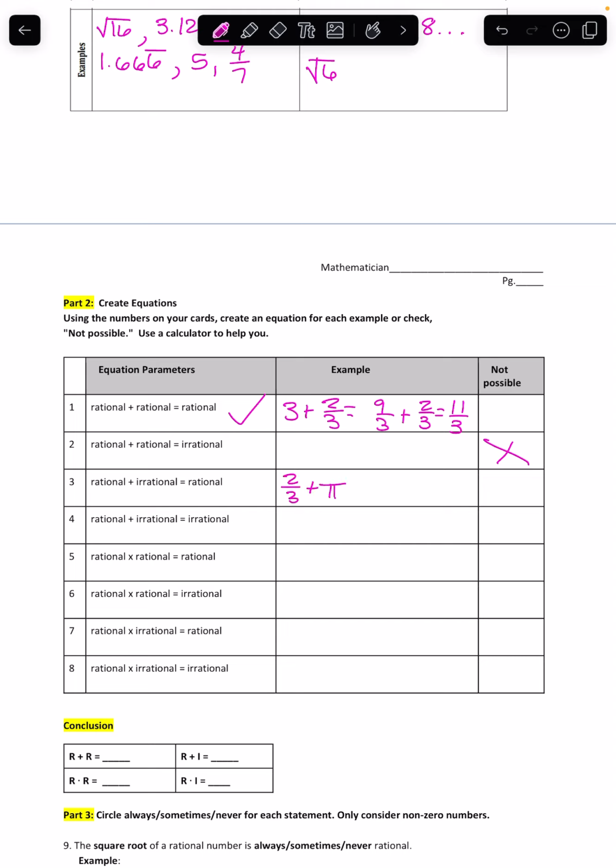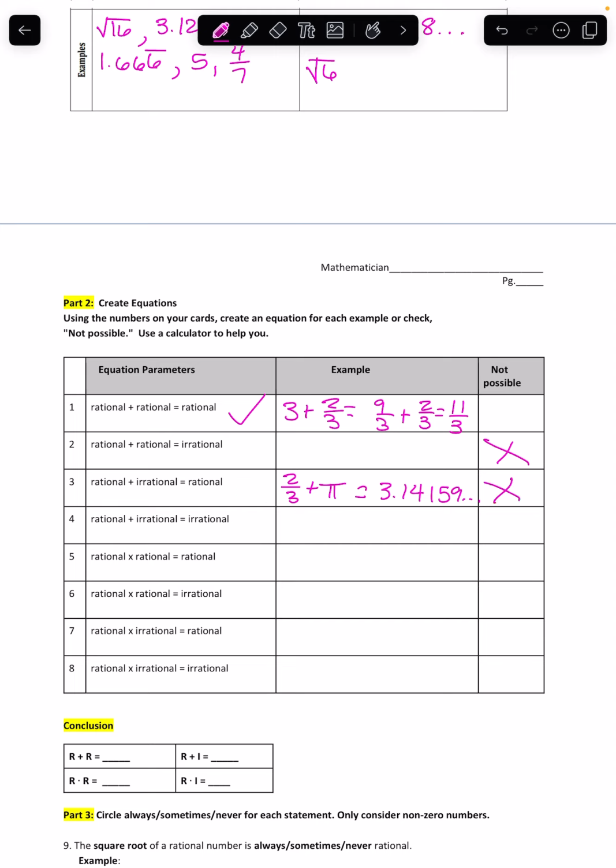If we add that in the calculator, 2/3 plus pi equals 3.14159, and it keeps going, so that one doesn't check out because it's actually an irrational number.